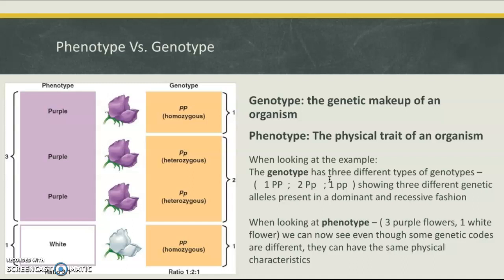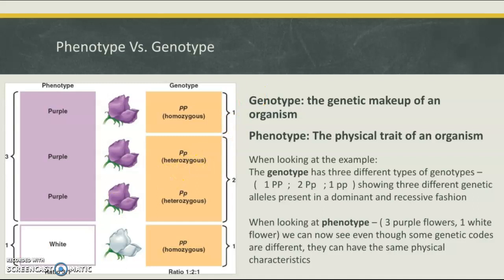So I'm just showing you in this case, these flowers, a purple flower and a white flower, were parents, and then they're looking at the offspring. So it ended up having this type of offspring ratio.